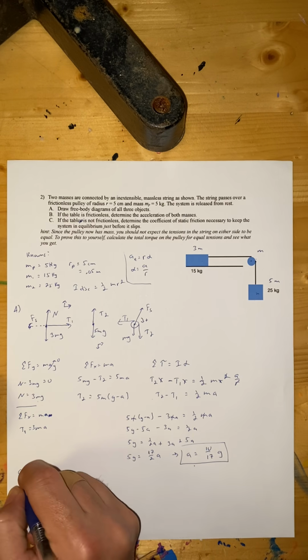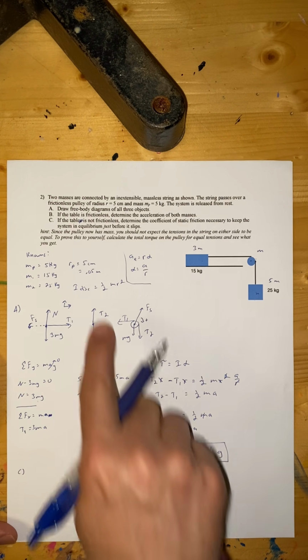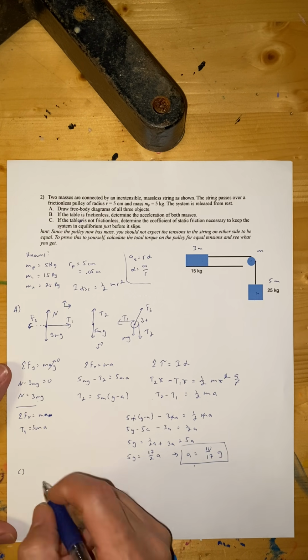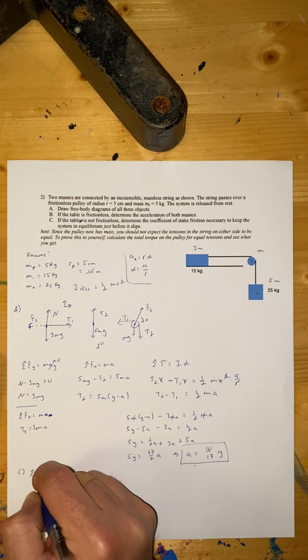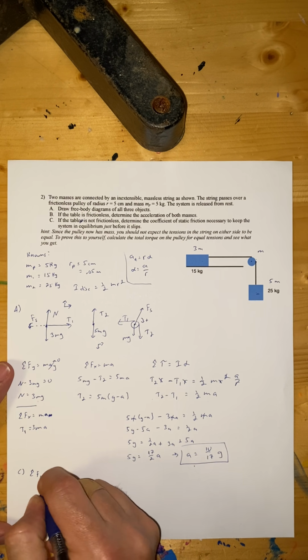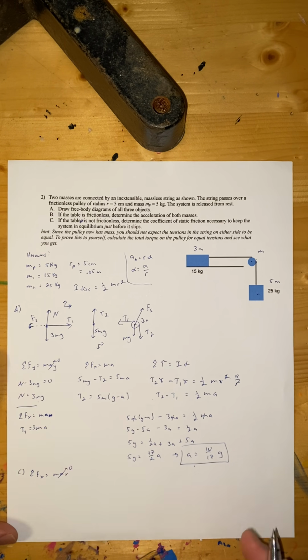So for part C, I'm going to rewrite all these equations, but now I'm in equilibrium. So everything is 0. I don't think I need to do the y. I've already done it. Let's just do the x. The sum of the forces is equal to ma sub x, but that's 0.